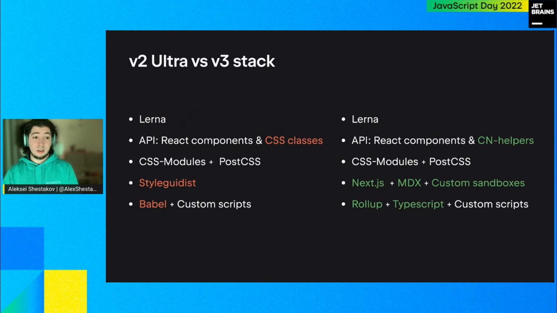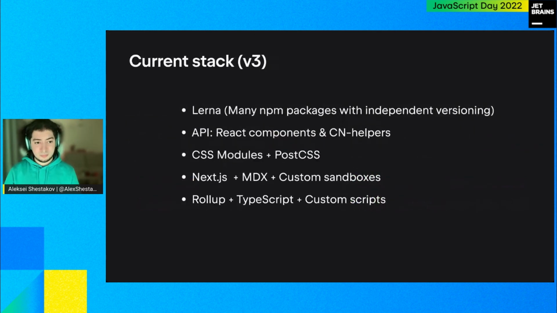So in the third version, we rewrote the components, the documentation engine, and the build system, and we introduced a new way to distribute isolated styles. And that is how our current stack was chosen.